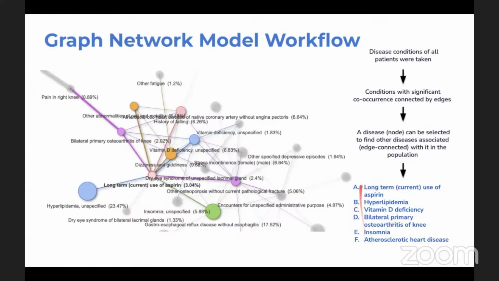These 7 diseases are closely related to the long-term use of aspirin. So any person coming with this diagnosis should also be screened for these 5 conditions. There are already some screening protocols in place where a person over 40 should be screened for a certain condition, but this will make things much more precise and personalized.